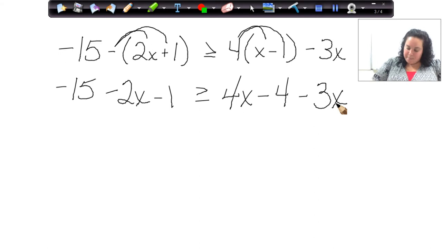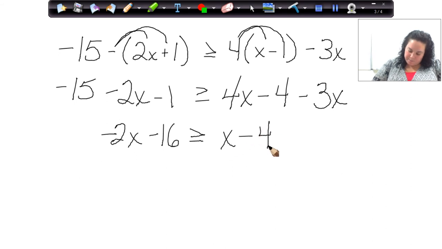Then we'll add like terms: negative 2x minus 16 is greater than or equal to, add like terms over here, x minus 4.